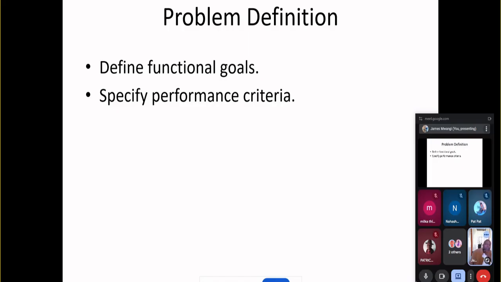For an engineer, maybe you want to build a building which is 1.2 kilometers high, the highest in the world today, and is being built in Kenya by people from Nyandarua National Polytechnic Building Department. So that becomes the functional goal.